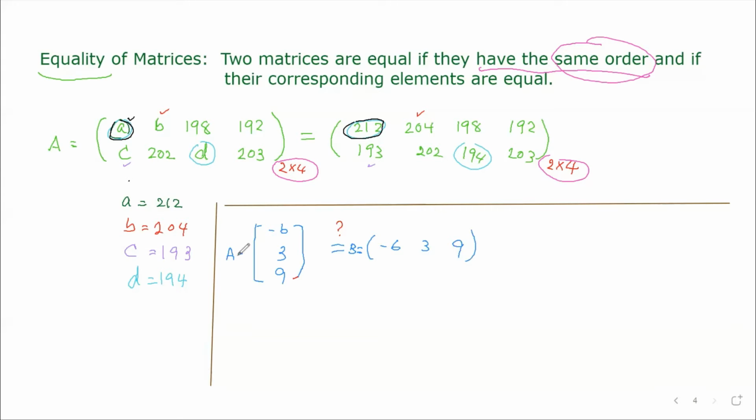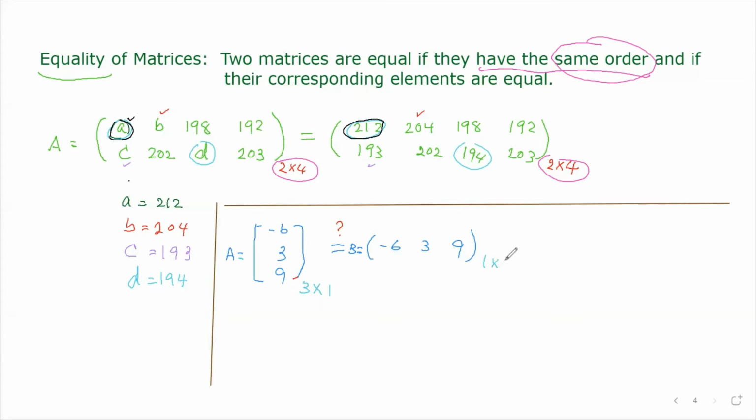Now check matrix A. How many rows and columns do we have? Find the order. Row 1, row 2, row 3, so we have 3 rows. How many columns? 1 column. Then matrix B: how many rows? 1. And how many columns? 3 columns.